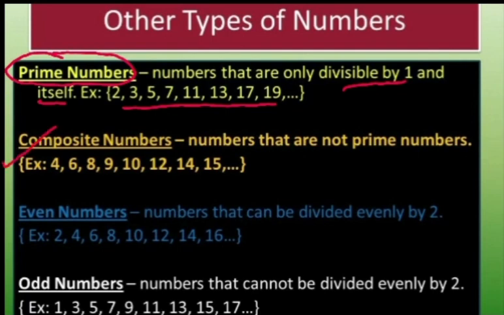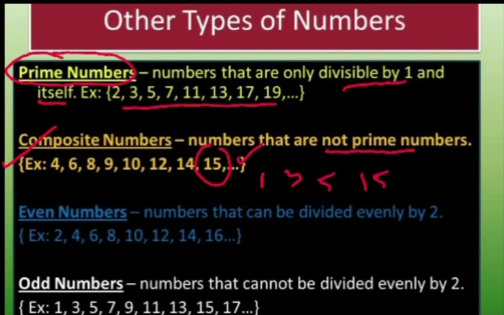If any number is not a prime number, that is, if any number has divisors other than 1 and the number itself. For example, 15 is divisible by 3 and 5 also. It is divisible by 1, by 3, by 5, and by 15.